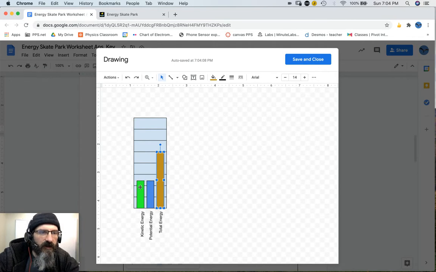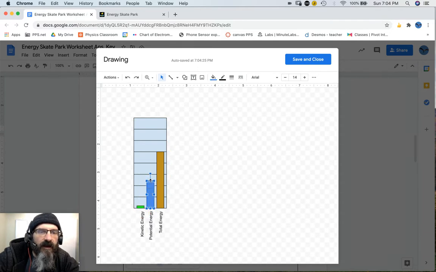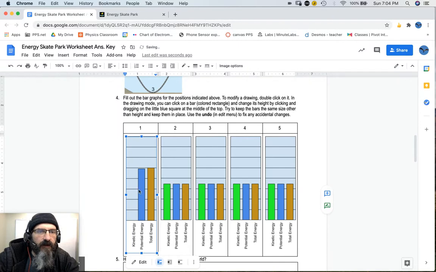That may come to bite me in the butt. No kinetic energy. I'm going to shrink that one right on down to, can't shrink it down to nothing. I guess you can shrink it down to nearly nothing. What happens? There we go. And I'm going to bring this one all the way up there. I guess for the moment I could just delete that. There. That shows me position 1, pretty much.